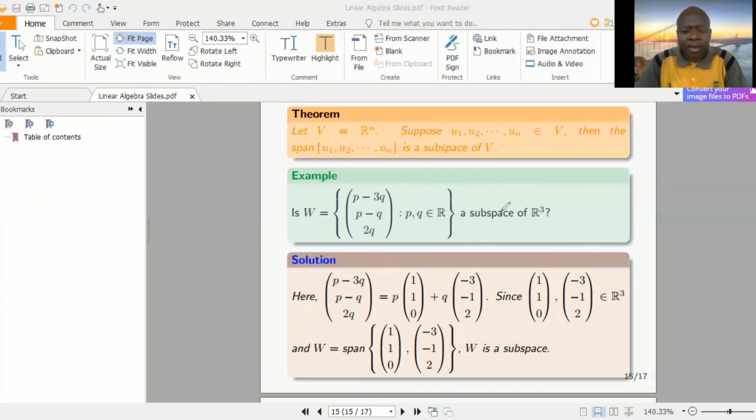And if that happens, then this set is a subspace. So the question is, show that this is a subspace.